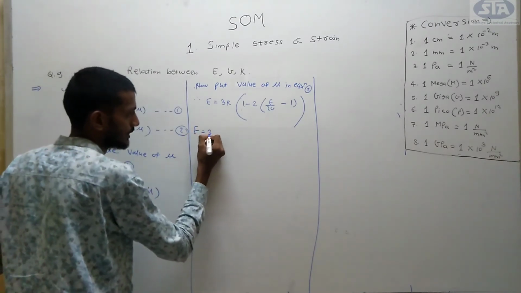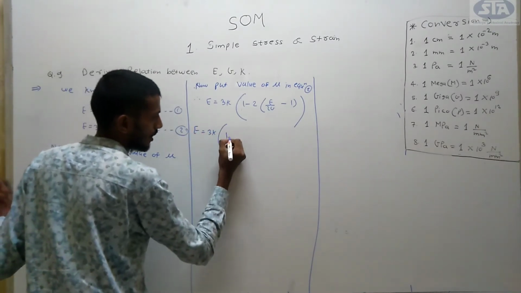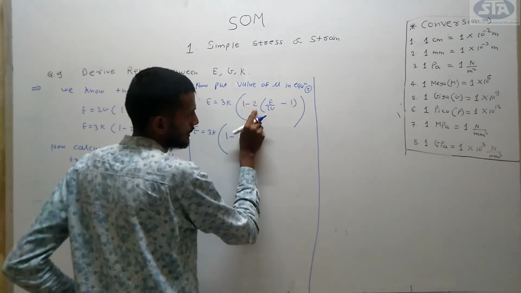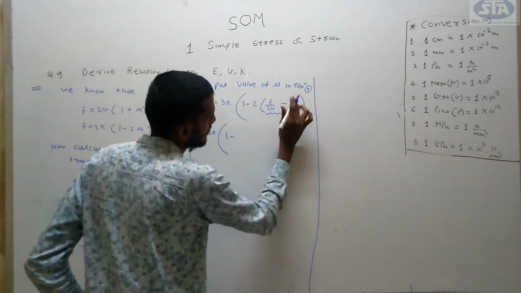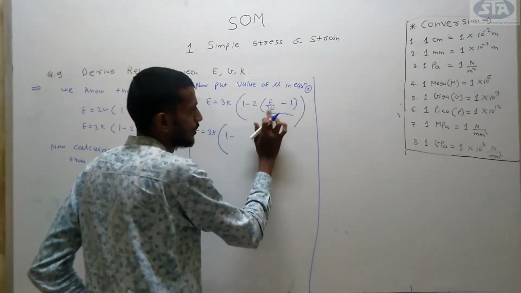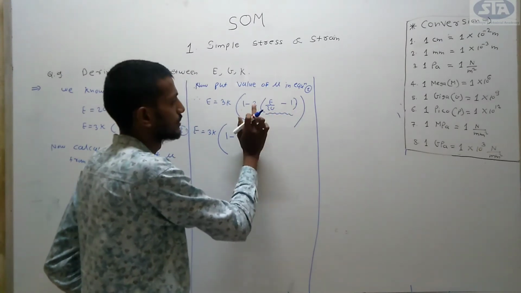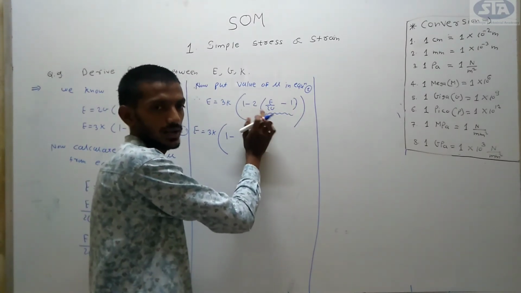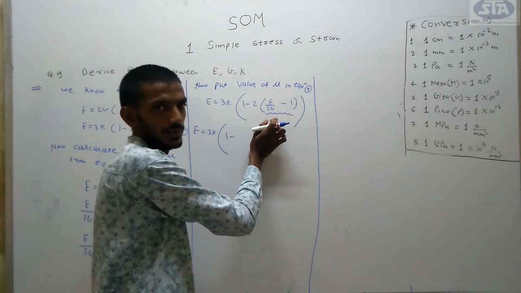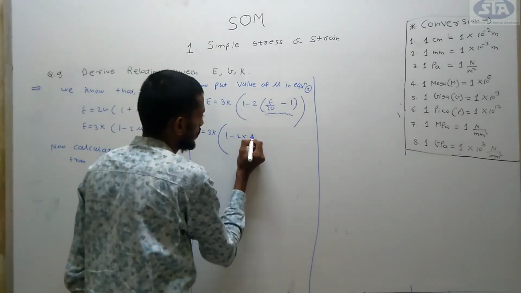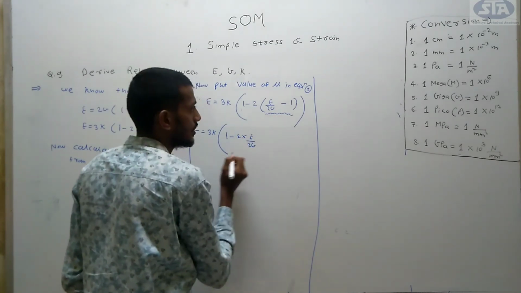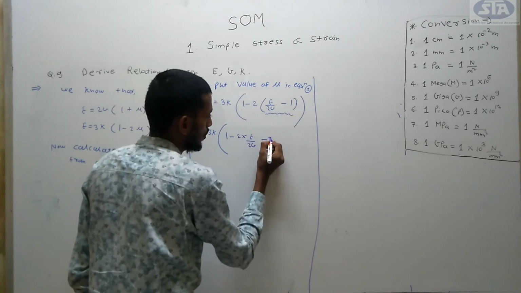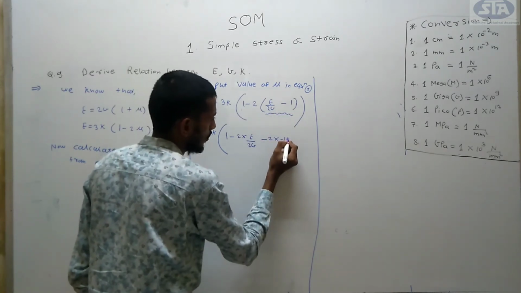E is equal to 3K bracket 1 minus, now minus 2 is in multiplication with this whole bracket. Inside the bracket, E upon 2G minus 1 is multiplied with the minus 2. That's why we multiply each and every term inside the bracket, that is minus 2 into E upon 2G, minus 2 into minus 1.